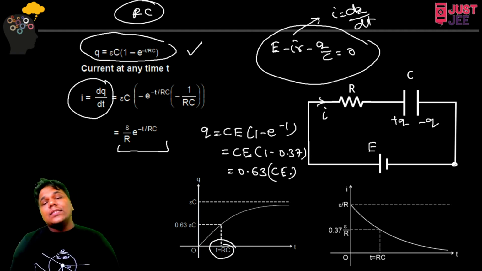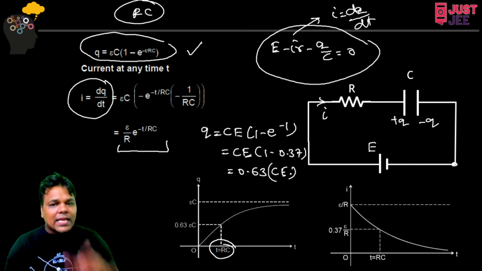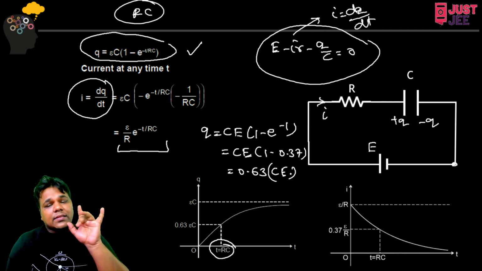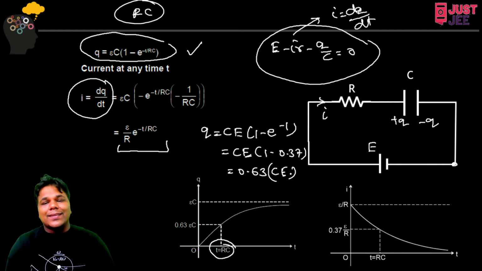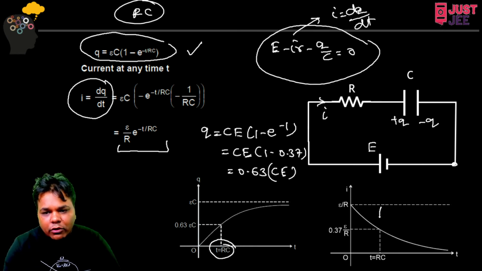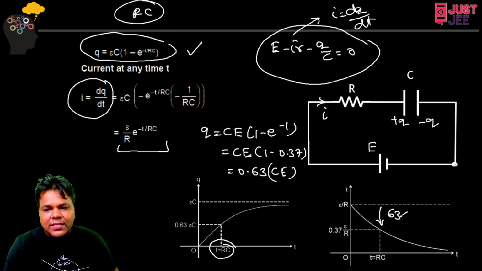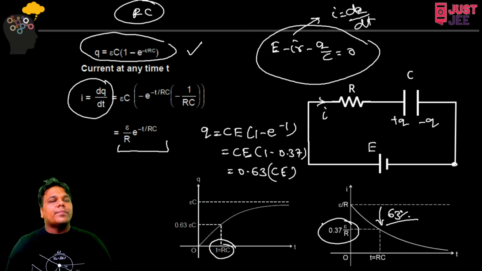So when the time is equal to RC, which is also called the time constant, the charge on the capacitor will become 63%, or in other words, as I told you, the shortcut one, the process is 63% complete. The same goes for the current, where the process is decreasing the current. The process is 63% completed, which means the current left is 37%.